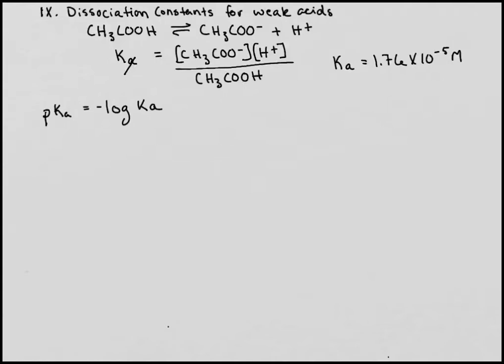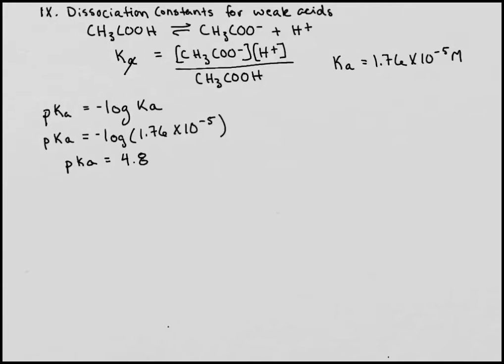And so if we plug in to get pKa, we find that that is equal to negative the log of 1.76 times 10 to the minus fifth, and that pKa or pK is going to be equal to 4.8. It's like, cool, that's a less cumbersome number, but what does it really mean to us?